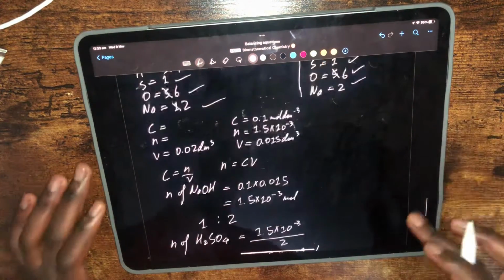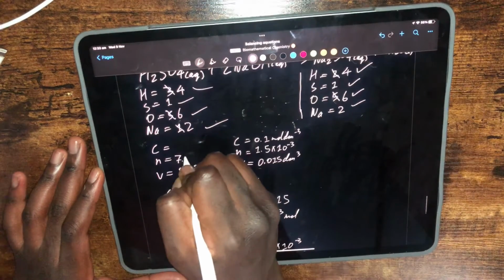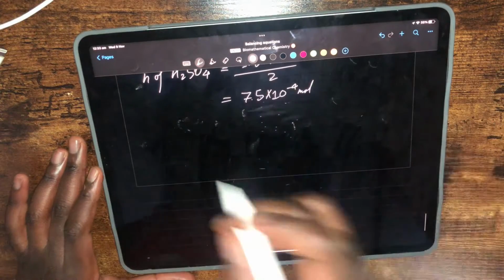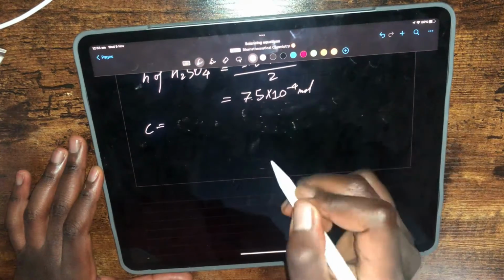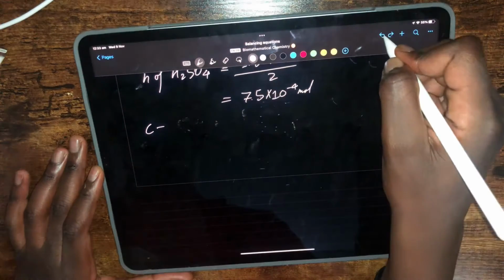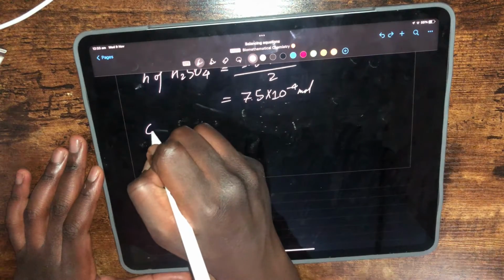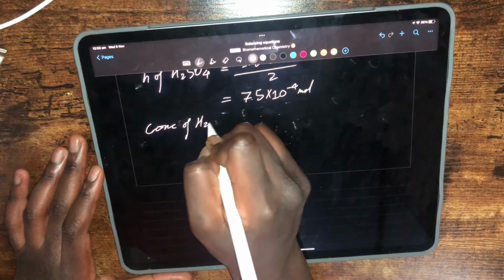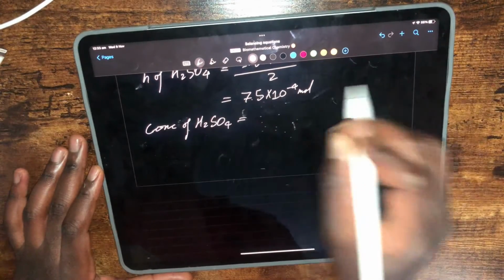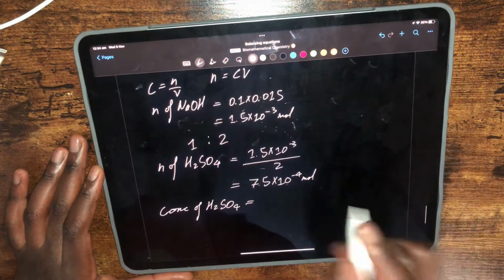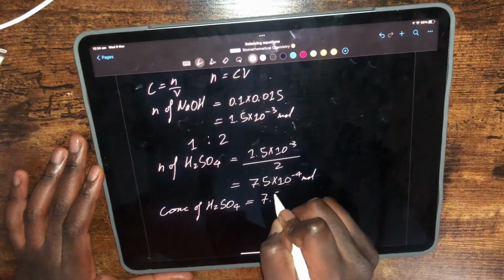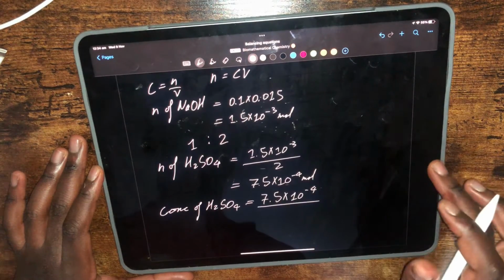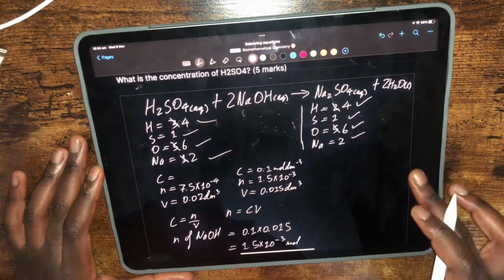Right, actually, no, we have it. We already have this now. So we have 7.5 times 10 to the power of minus 4. We can now work out the concentration. Concentration of H2SO4 is just equal to 7.5 times 10 to the power of minus 4 over the volume, which is 0.02.